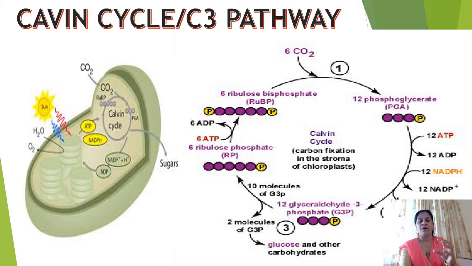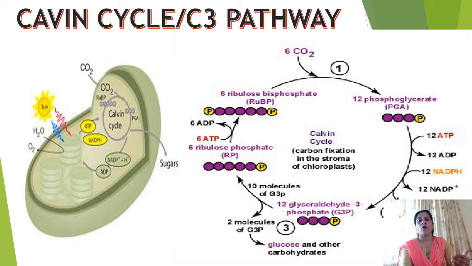As the number of PGAL molecules becomes 6, out of that 1 PGAL is balanced, and the remaining 5 are recycled into intermediate compounds, that is erythrose, and then finally RUMP, ribulose monophosphate, which is converted back into RUBP, ribulose biphosphate.